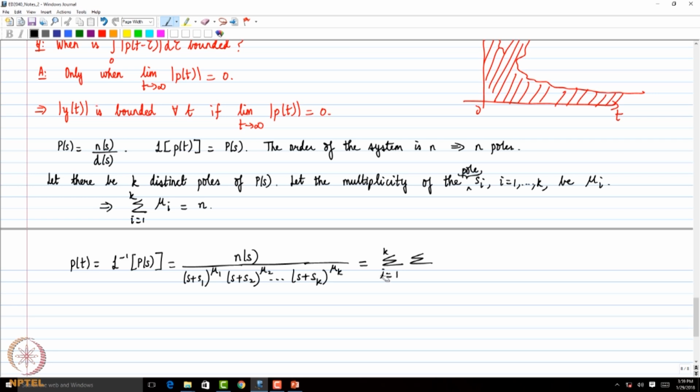Let me call it the sum over L going from 1 to k, M going from 0 to μL minus 1, of some C_LM, which is the residue, divided by (s + sL) to the power m plus 1.